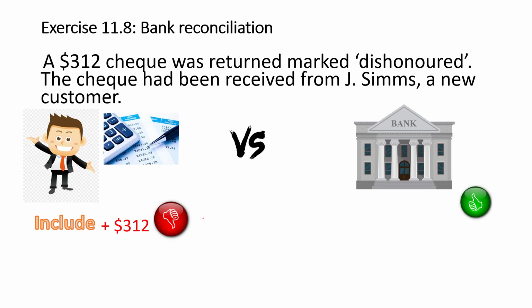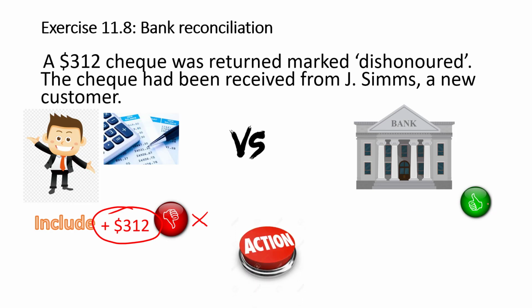However, the bank says this check is a dishonored or returned check. What I mean is they don't have sufficient balance to pay you. So this is wrong in our records. Nothing happened in the bank records. The bank record is correct.